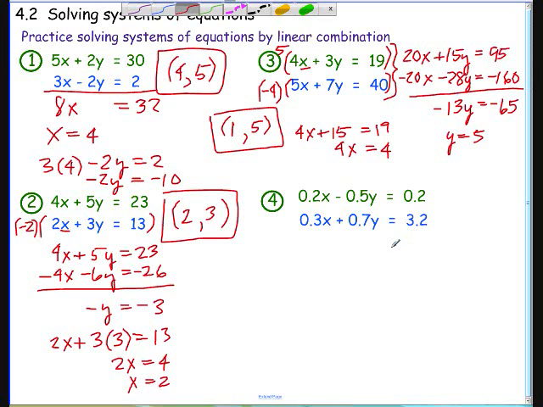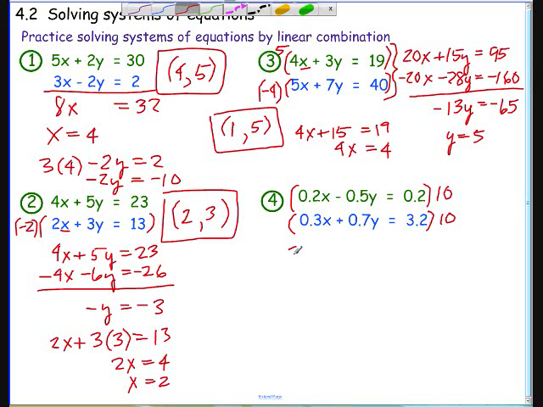Oh no, number 4 has decimals? No, I hate them. All right. Does this look like anything I've seen before? Not really. I'm just going to start by multiplying everything through. I want to clear the decimals. I'm going to add an additional step here and just multiply everything through by 10 to clear the decimals.